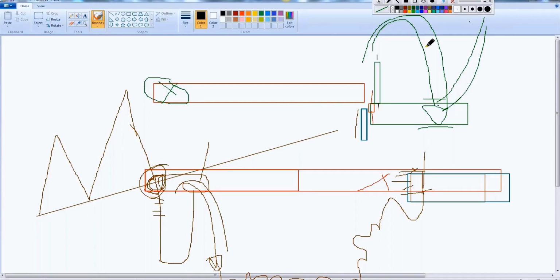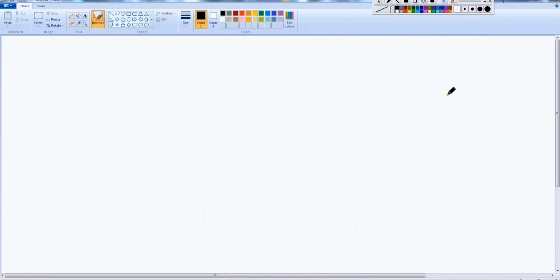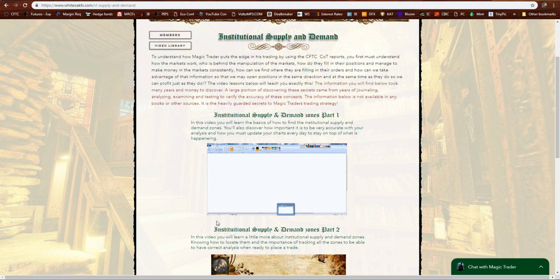They're respected. Okay? That is the blessing from God that has been given to us, is that we can definitely count on those zones to still hold. And let's take a look at an example.